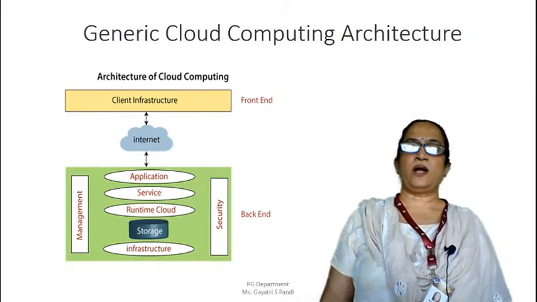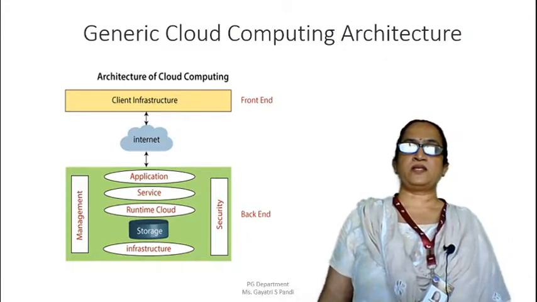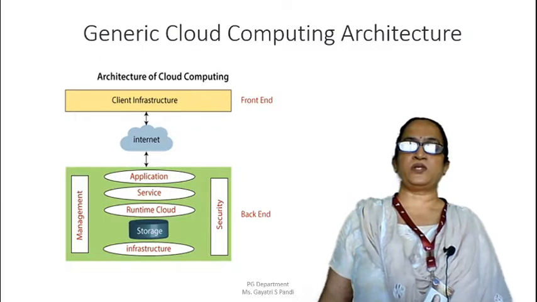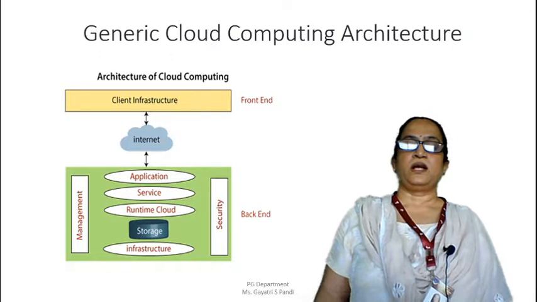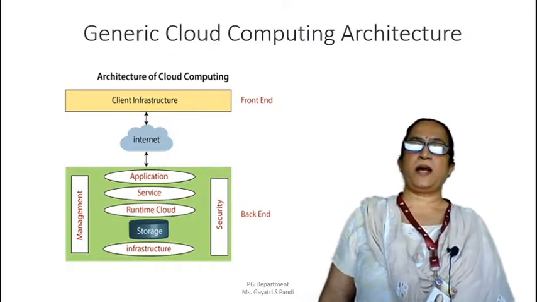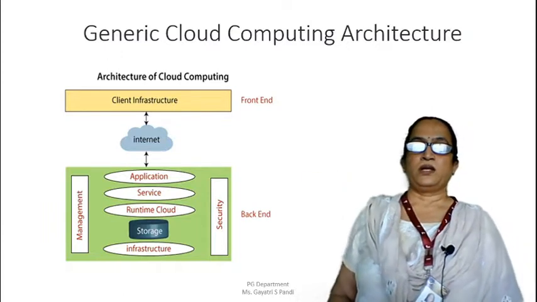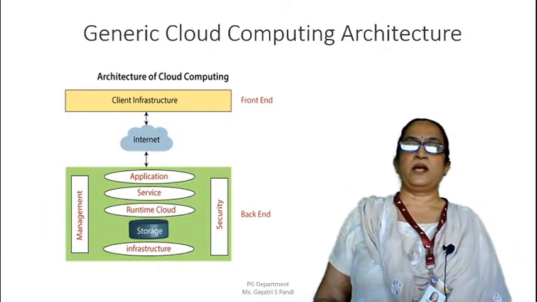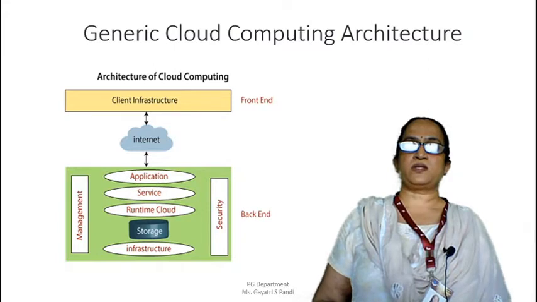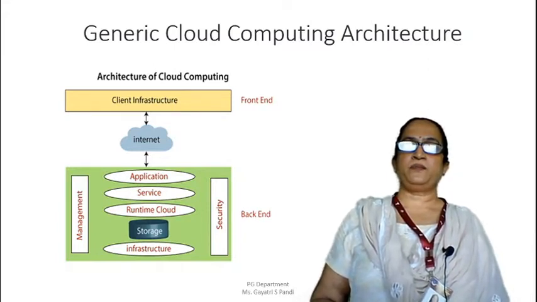On the lower side you have the infrastructure, which has virtual machines and various other machines. You also have storage in the backend that is used to store huge data on the cloud. The runtime cloud is used to help and manage the virtual machines. You have the various services and applications at the backend.